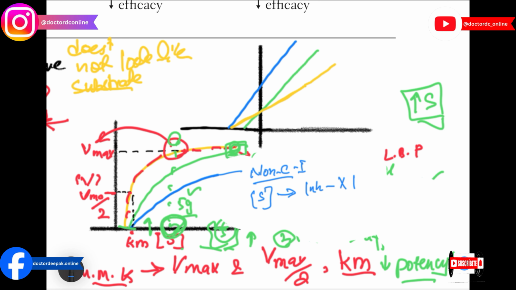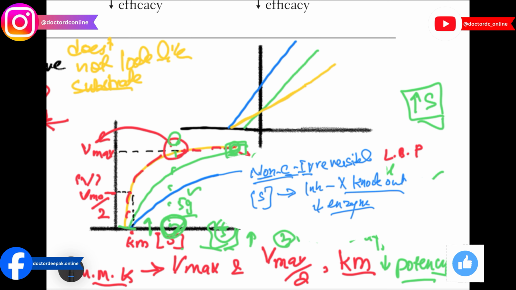The enzyme's activity will decrease because its active site does not remain the same after binding a non-competitive inhibitor, because it's irreversible. In simple words, these inhibitors just destroy the enzyme.